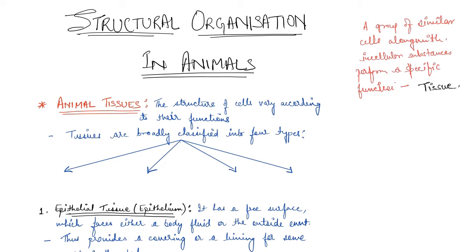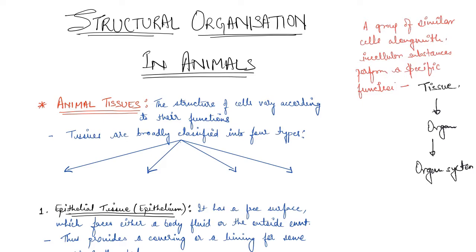So, what exactly are animal tissues? Basically, these tissues are organized in specific proportion and pattern to form an organ. So from a tissue, we form an organ, and then we form an organ system. Organs like stomach, lung, heart, and kidney are tissues organized in specific proportion and pattern to perform a specific function.